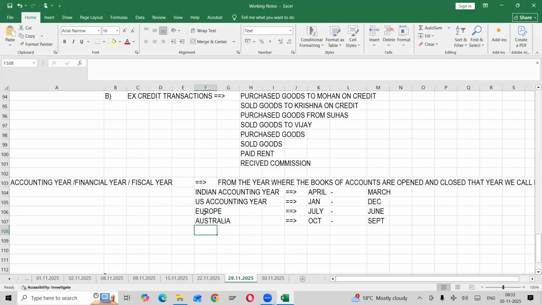Clear? So Indian companies, I said majority, follow April to March. US, January to December. European countries, July to June. Australia, October. There are many other countries that follow it in a different way. Nepal will follow in a different way, Sri Lanka will follow their accounting year in a different way, right?